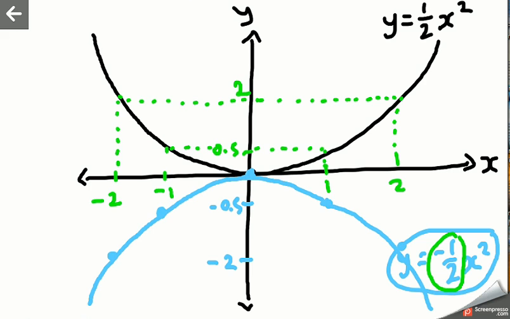So really, all that's happened is this graph has flipped upside down when we introduced that negative sign. So that takes care of the case when k is less than 0. You just imagine k was bigger than 0, and then in your mind flip it upside down because all the y values are negative.